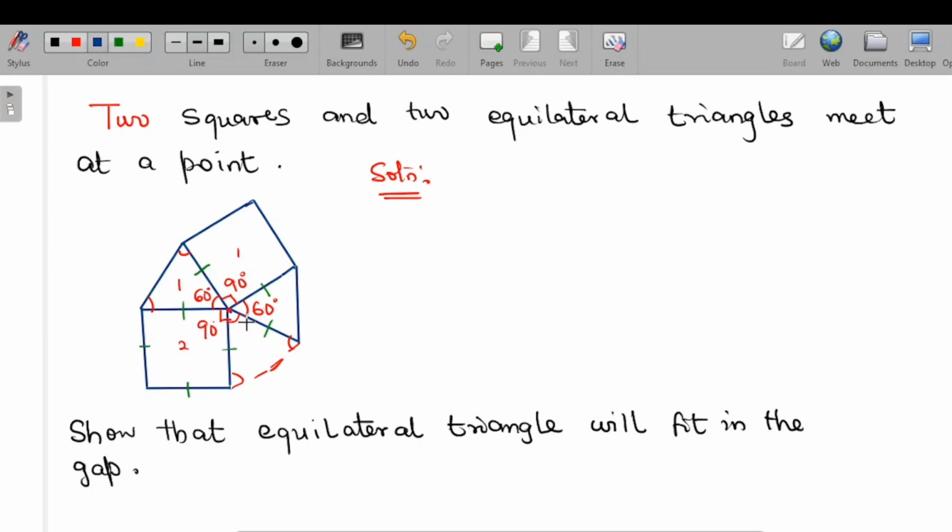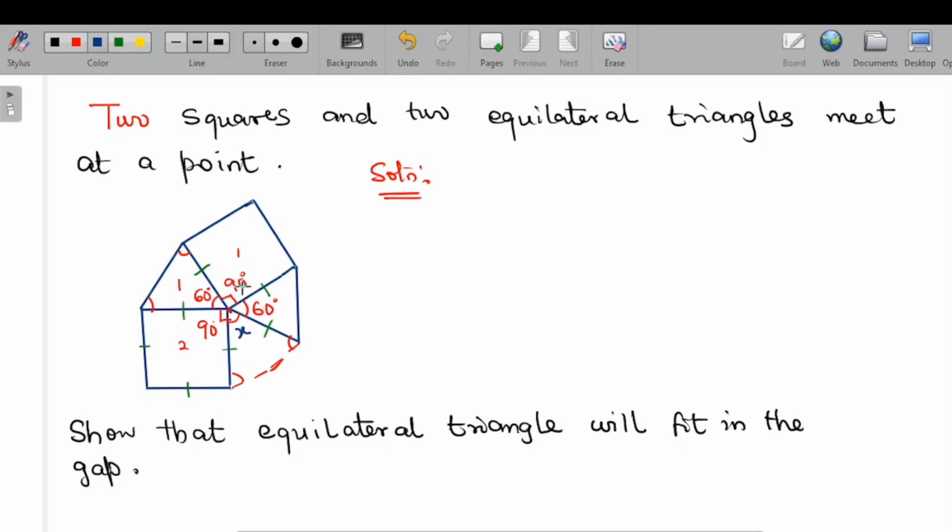Label the angle here. We are looking for this angle. If we find this angle, then we are expected to show that these other two angles are equal to it. That means all of them should be 60. Now, we know that angles at a point is 360 degrees.